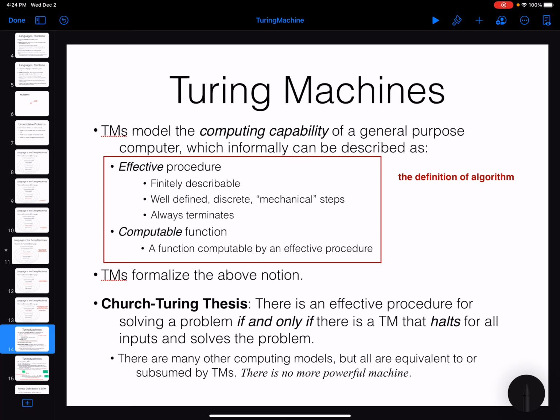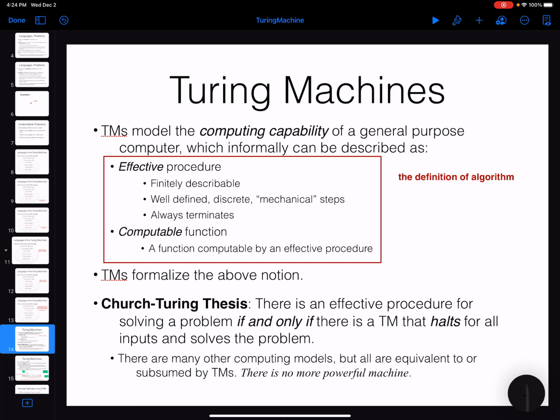So basically, we are going to say that all the decidable problems are computable functions, if you can write an algorithm, an effective procedure, to solve them. All these definitions that I gave you can be formalized using the Turing machine. The Turing machine is a form of automata that has a very simple definition.